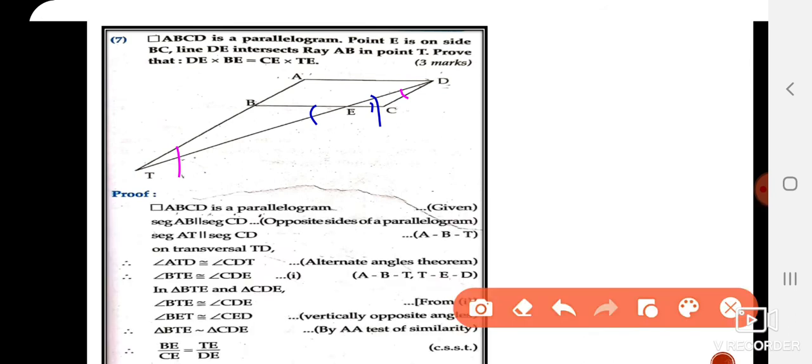So now we have two triangles. I'm sure you can understand which two triangles we are talking about. We are talking about triangle BTE and triangle CDE. So in these two triangles, we have one pair of opposite angles and one pair of alternate angles, and therefore the two triangles are similar by AA test of similarity.